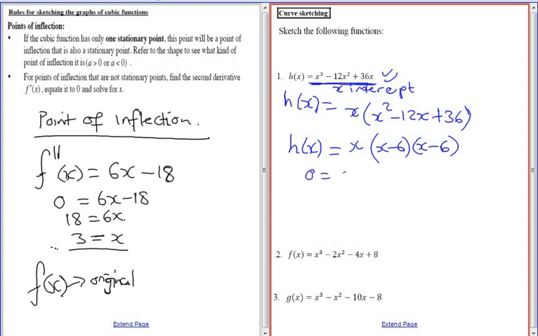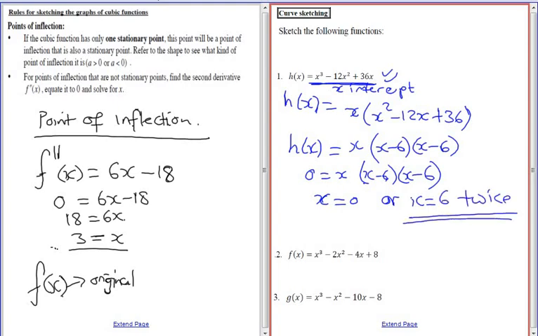So if I put a 0 here, because we are solving for y, this is what will happen. So x, x minus 6, x minus 6, we have again the x value repeating itself here. So x is equal to 0, or x is equal to 6 twice. What it means now, if your x-intercept is repeating itself, it means it's also a turning point.